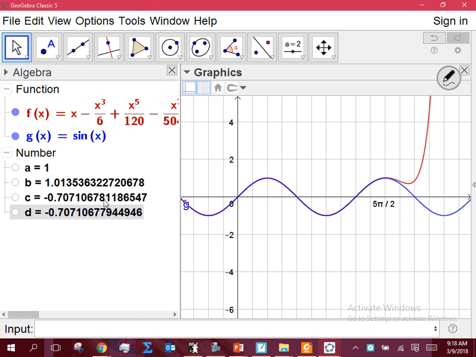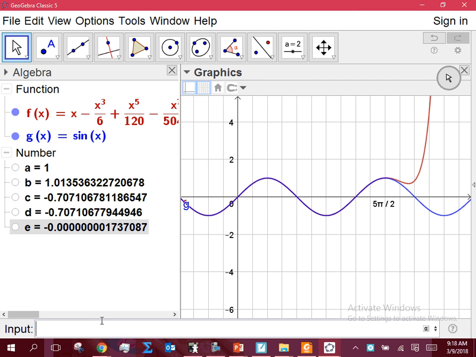Out to this decimal place. So if I take c minus d, change to a decimal or a percentage, that's the percent error between those two. And it's a very, very small amount of error. So it's a really good approximation. Does that make sense, everybody?